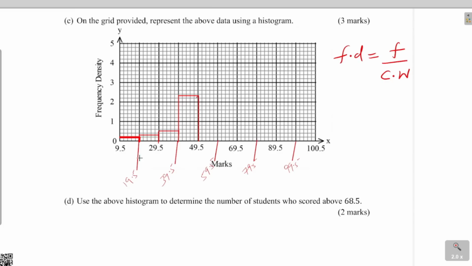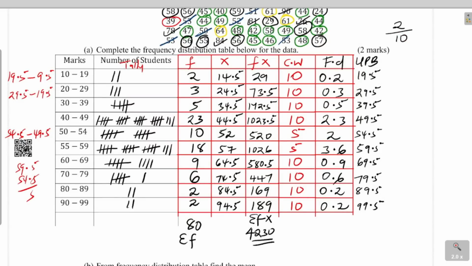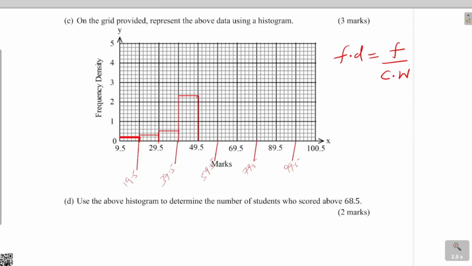Because 1 centimeter represents 10, one small square will represent 2. So 54.5 will be somewhere here in the middle.